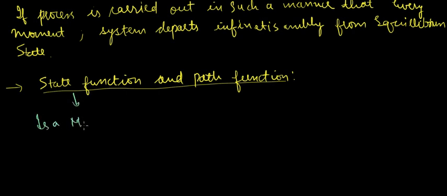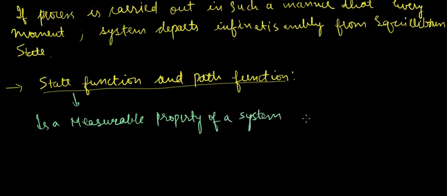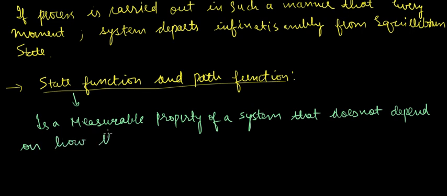It is a measurable property of a system that doesn't depend on how the system gets from one state to another.